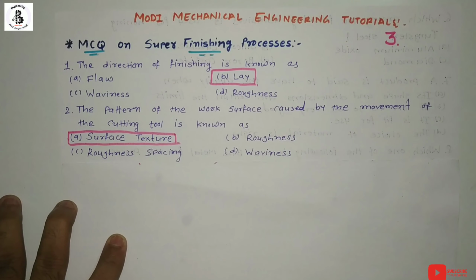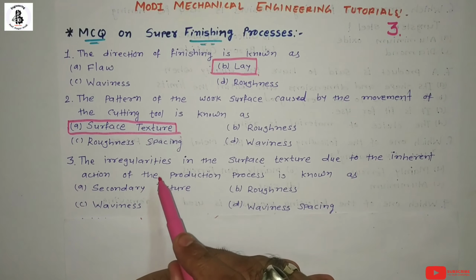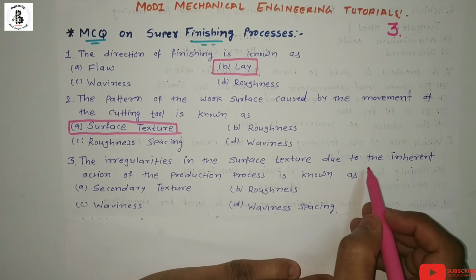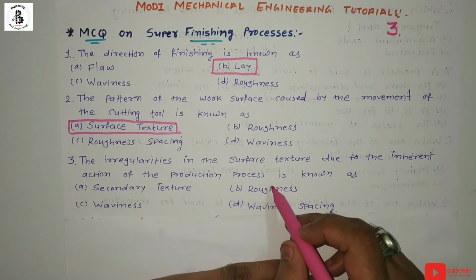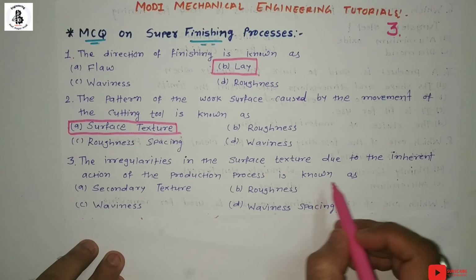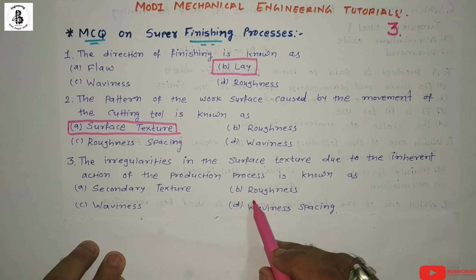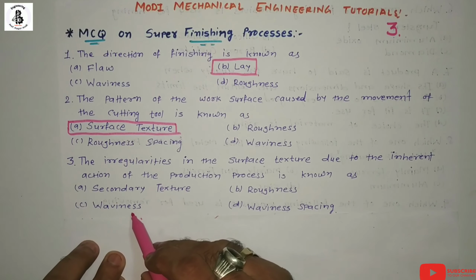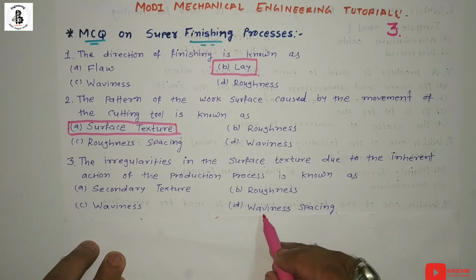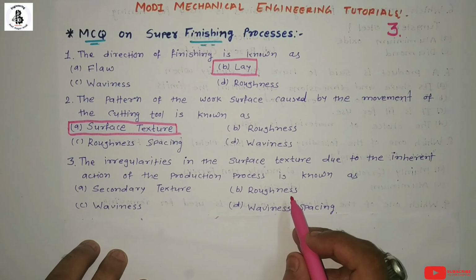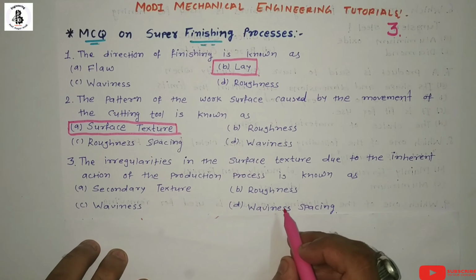Then next question. The irregularities in the surface texture due to the inherent action of the producing process is known as option A, secondary texture, option B, roughness, option C, waviness, and option D, waviness spacings. The movement of the cutting tools on the surface gives the surface texture.